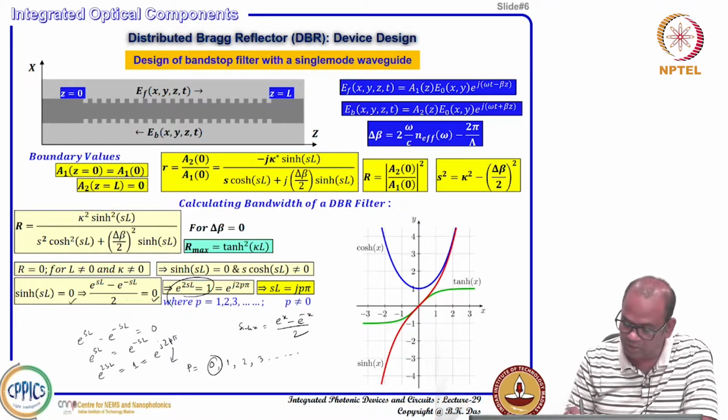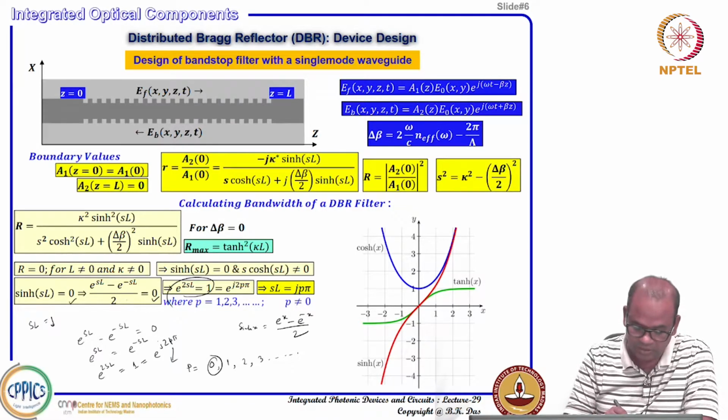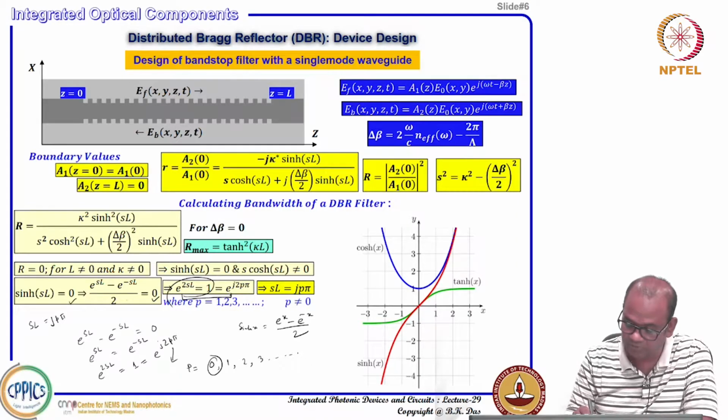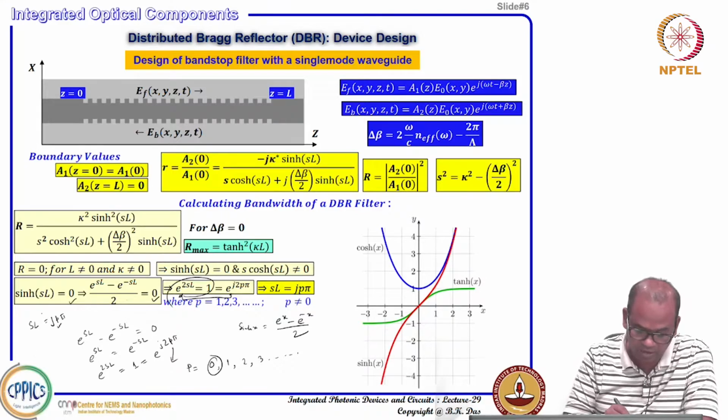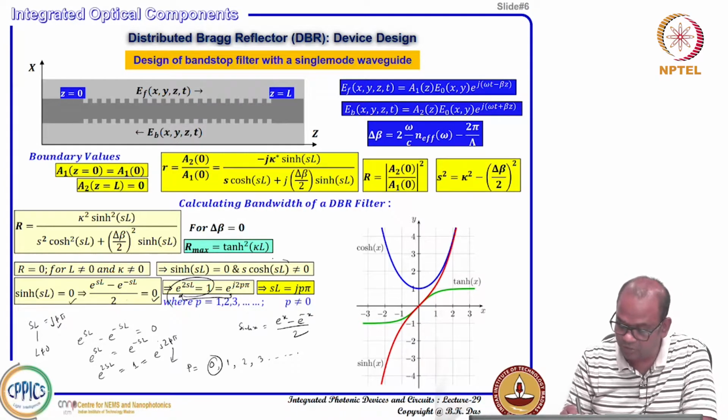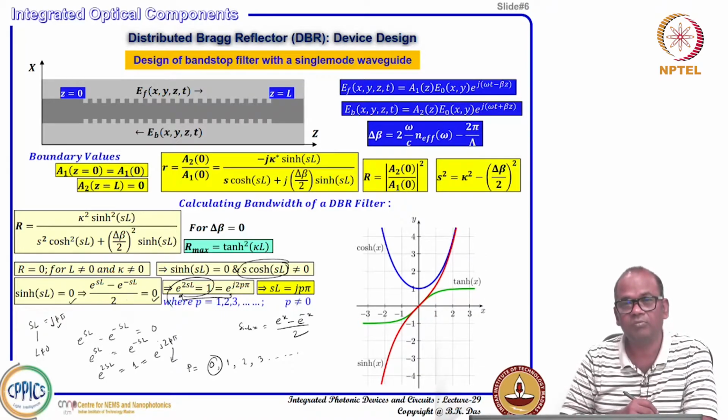So, this turns into the picture that SL equal to jpπ from this equation. If I compare this to this, if I put p equal to 0, L not equal to 0, S equal to 0. So, if S equal to 0, this part will become 0, S cosh(SL) equal to 0.